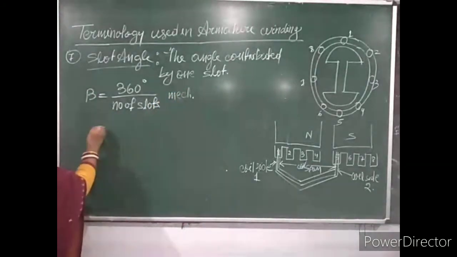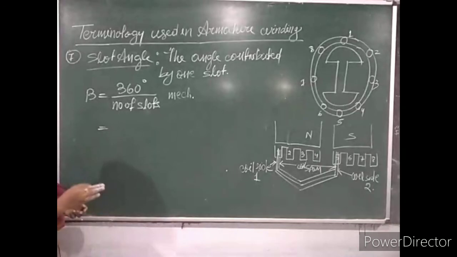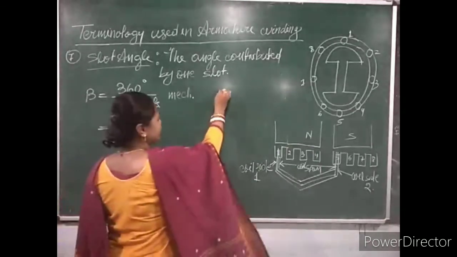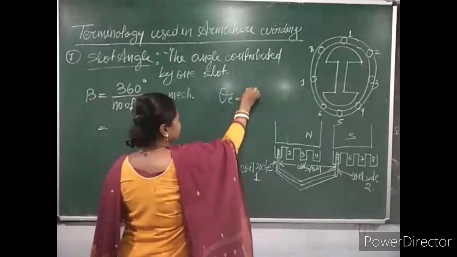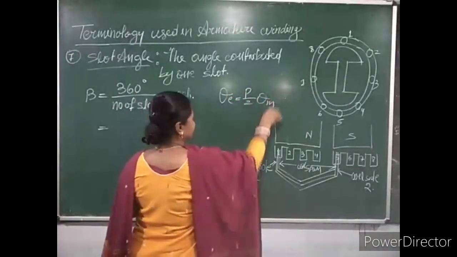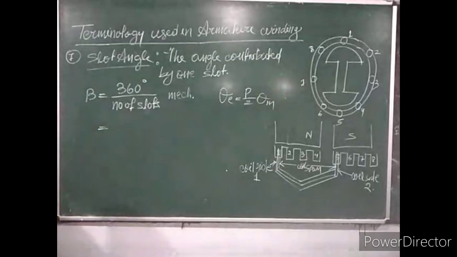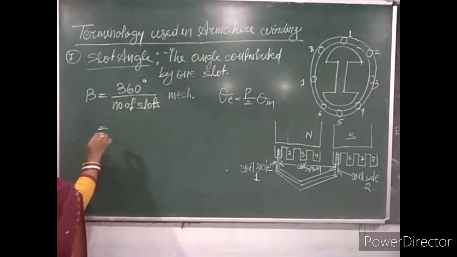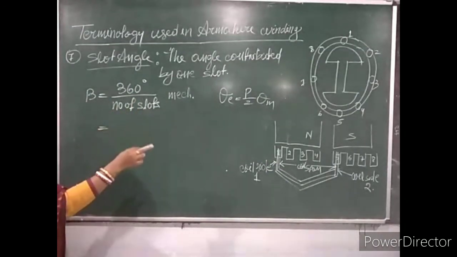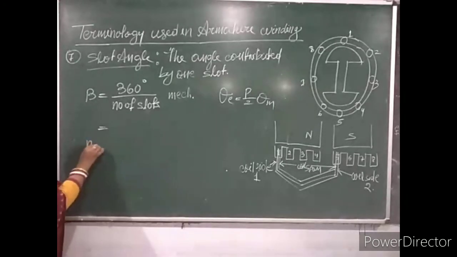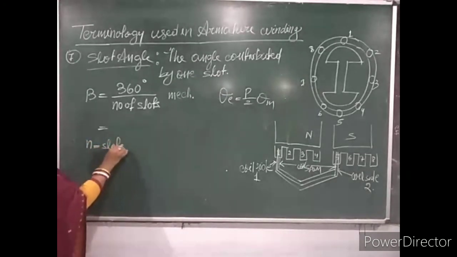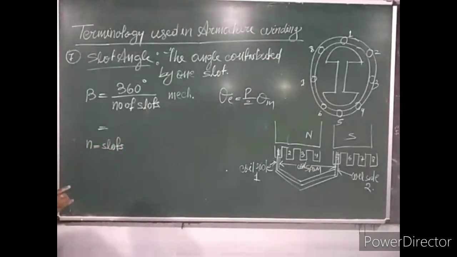If I derive this in electrical, as you know, the relationship between theta electrical and theta mechanical is P by 2 theta mechanical. So here I just multiply by P by 2. Suppose the machine consists of n number of slots.